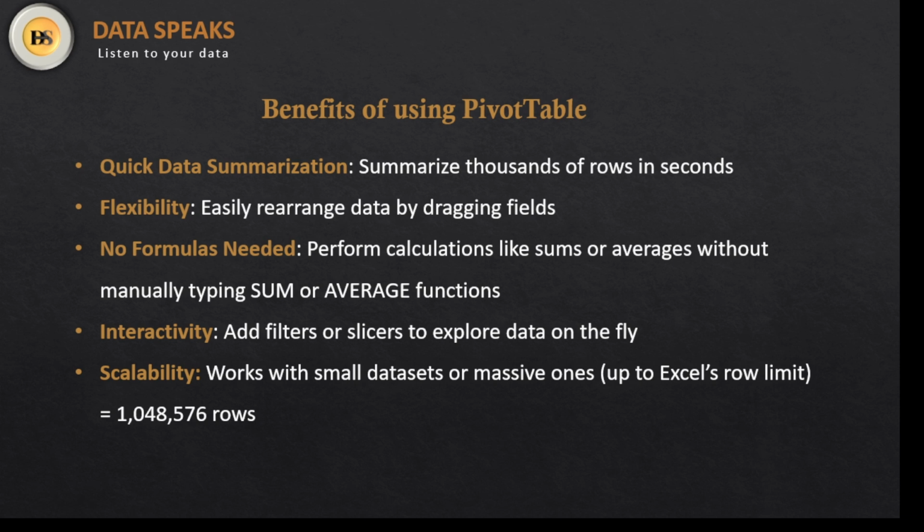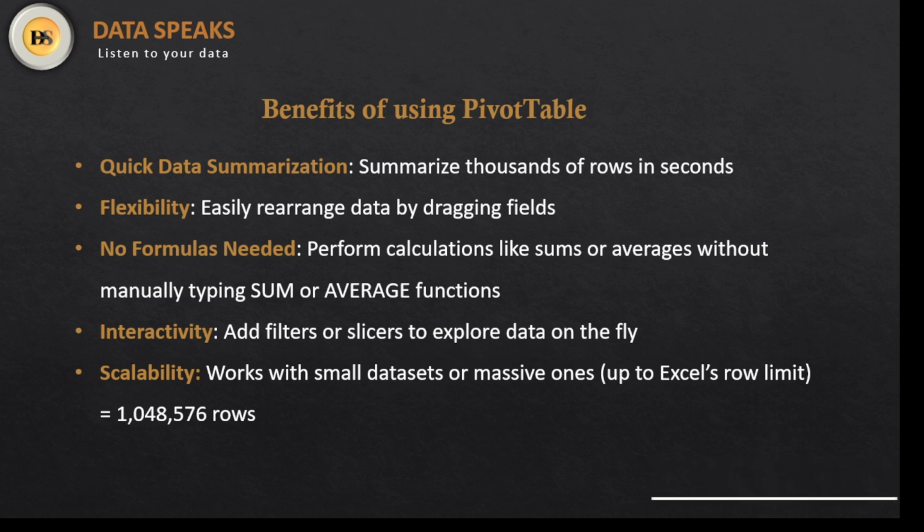Two, flexibility. Easily rearrange data by dragging fields. We're going to look into it. Three, no formulas needed. When working with pivot table, you don't need to write any formula or perform calculations like sums or averages without manually typing sum or average functions. Another benefit is interactivity. With the help of pivot table, you can add filters or slicers to explore your data on the fly.